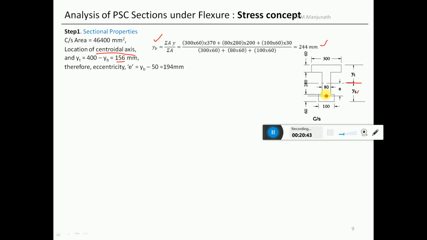So the cable is located at a distance of 50 mm from the soffit, from the bottom. Hence we can get the eccentricity, which is the distance from the centroidal axis to the cable.